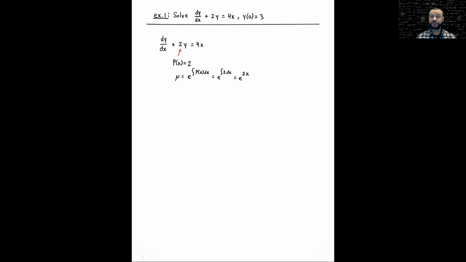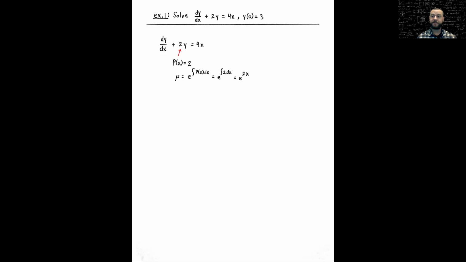So first, ask yourself, is the ODE expressed in standard form? And it is. You have your derivative term, dy over dx, with nothing multiplying it other than 1. You have the y term on the same side, so we can identify P of x as the quantity multiplying y.